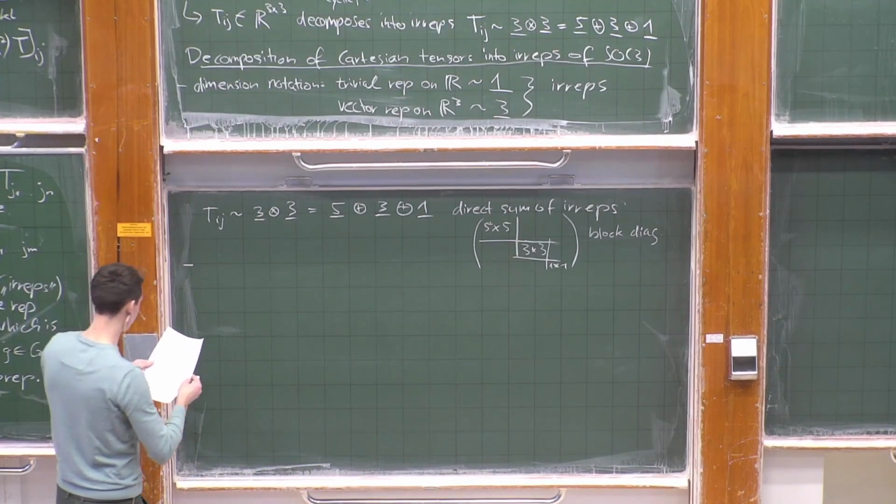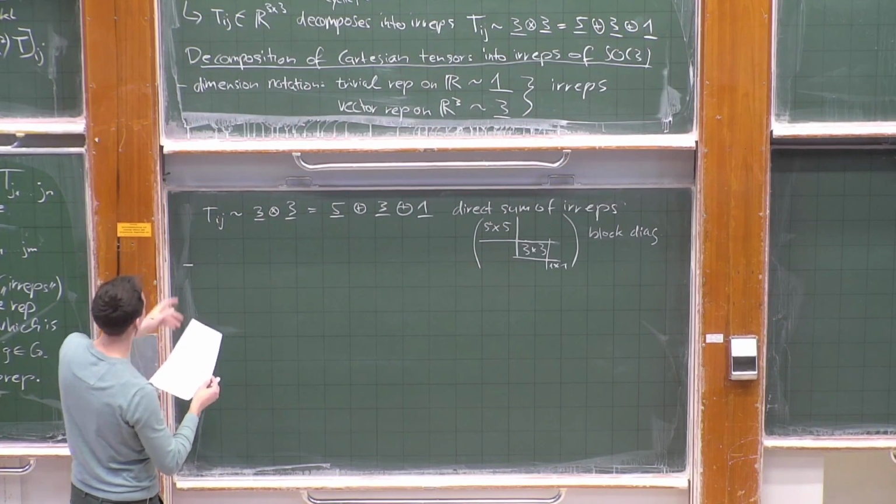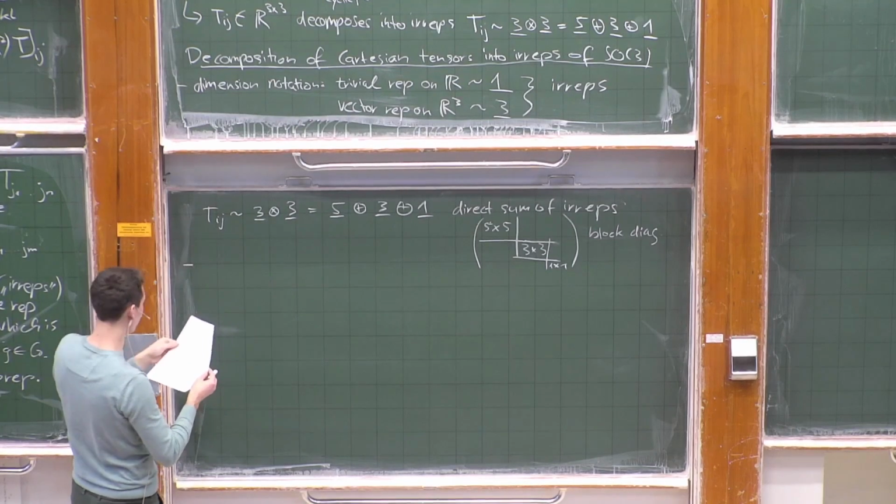Okay. So this is the decomposition of the T_ij with 2 indices.